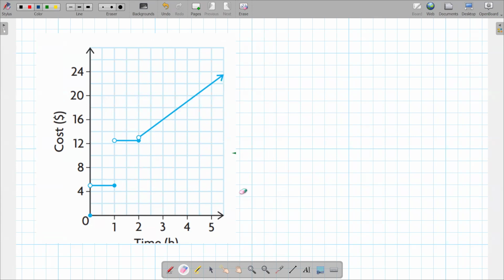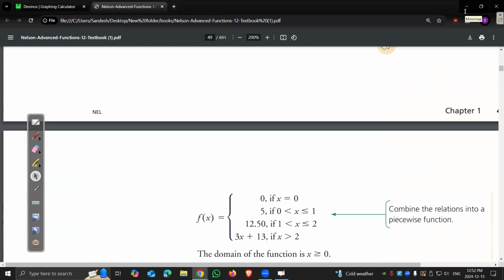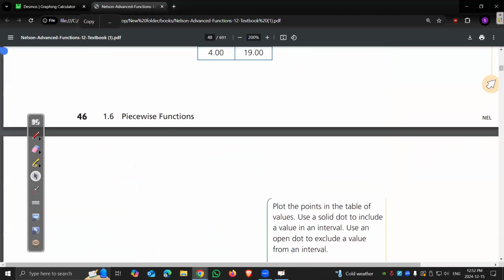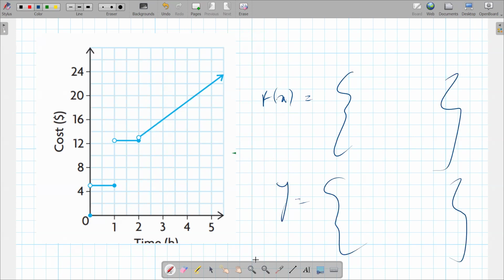Our goal for this question, what's the goal? Is to write the equation for this. So you can always say it's either going to be f of x or y. It's irrelevant what you choose. And then it's going to have multiple parts.